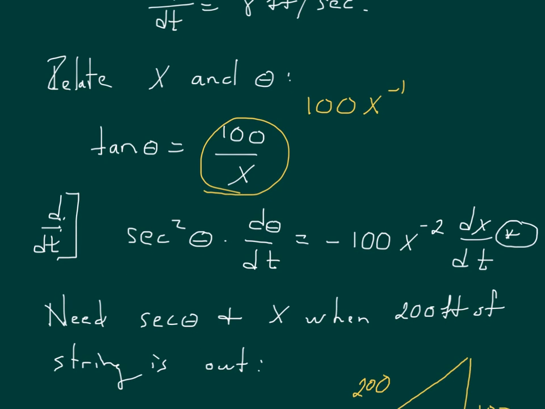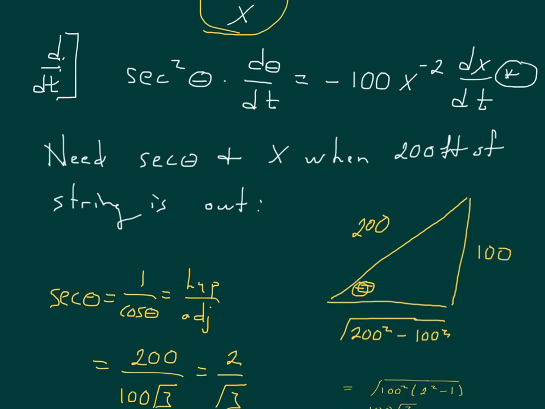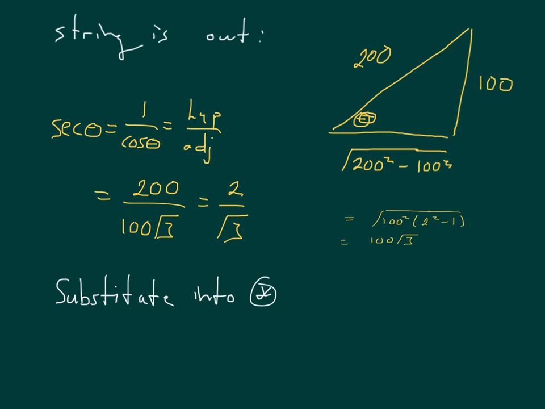Okay, so let's substitute into star. And what will we have? We will have secant squared theta, and this is what secant theta is. So we'll have 2 over root 3 all squared times d theta dt, so I'm just substituting into that star that we had up above, is equal to minus 100 over x squared.